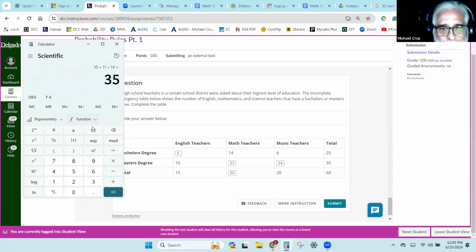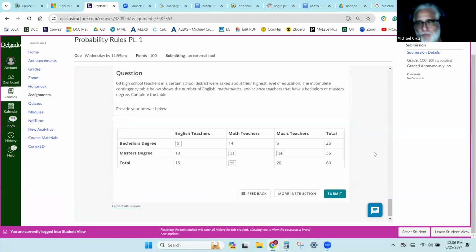Good. It's not 10, it's 15 plus 25 plus 20. I'd already done that one, but do it again. And then going down, 5 and 10 is 15. 14 plus 11, 25. 6 plus 14 is 20. So this one's good.